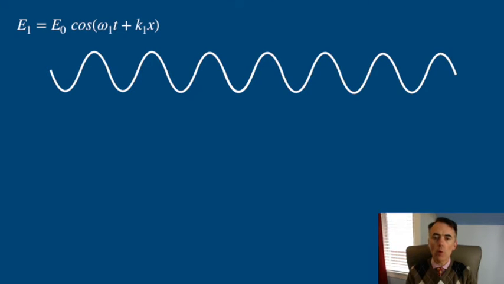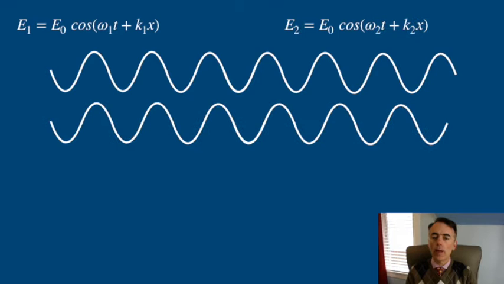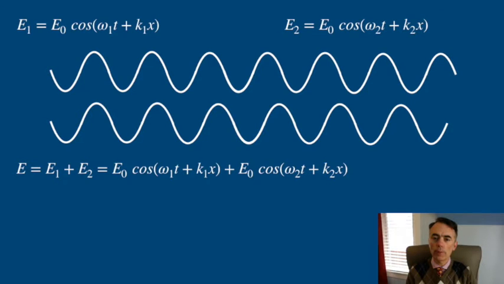Assume you have a wave E1 with omega 1 and k1, and a wave E2 with omega 2 and k2. The resulting wave will be E1 plus E2.